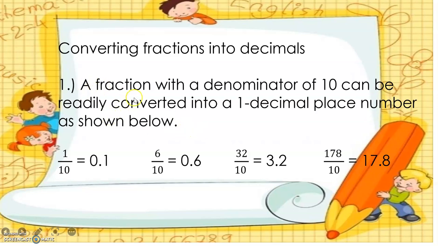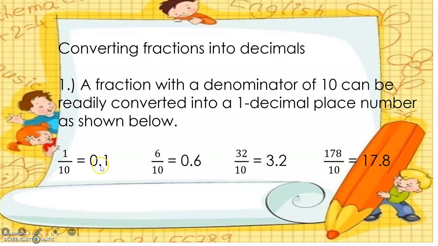A fraction with a denominator of 10 is converted to a decimal number with 1 decimal place. So 1 over 10 is equal to 0.1.